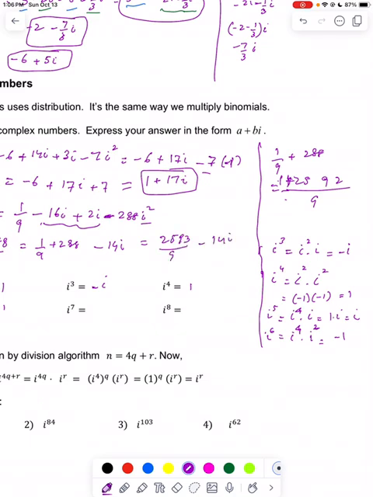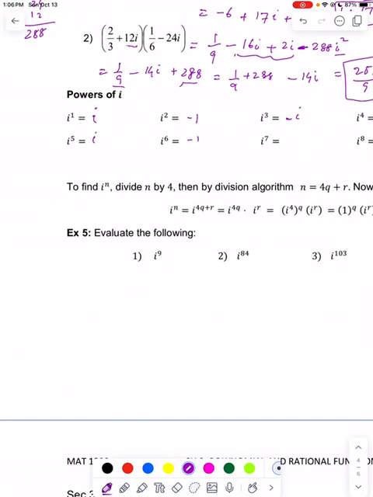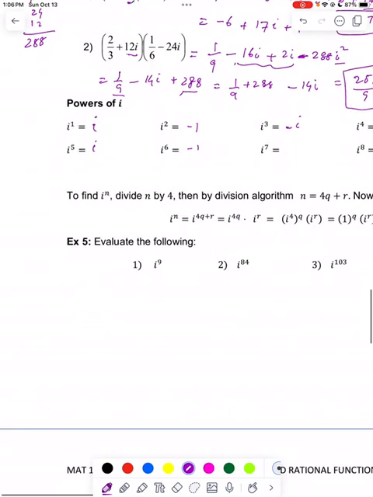Next we look at powers of i. For that, first we start with the power of 1. Well, power 1 means the quantity remains the same. So i to the power of 1 will be i. i squared we know is negative 1. I showed you why.